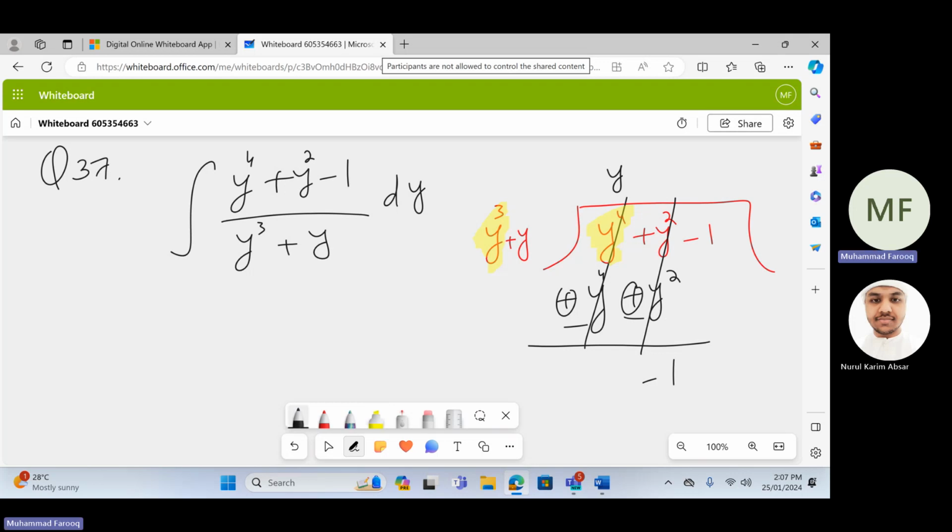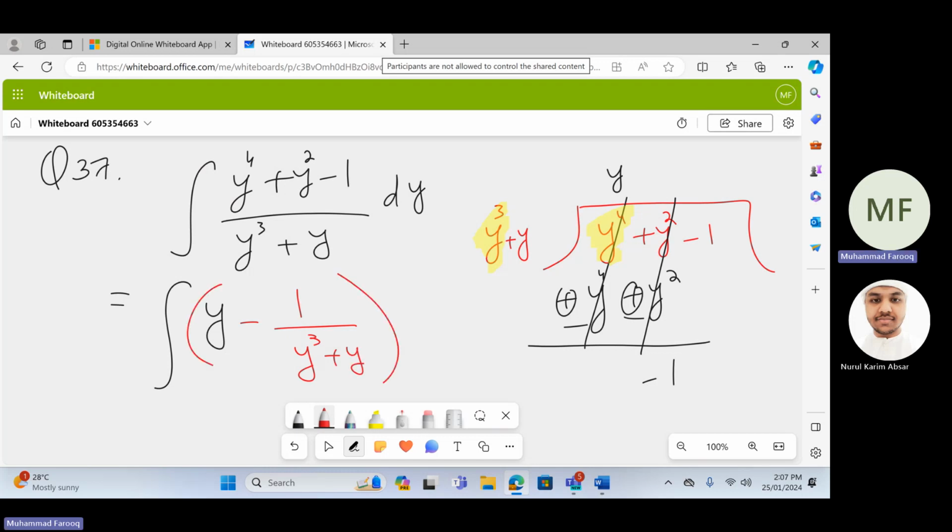Now write the answer of long division. How do you write the answer, please? This is how I write: quotient plus remainder. Now the remainder is minus 1, so if you don't mind, we can make it negative: quotient plus remainder divided by divisor, which is y cubed plus y.